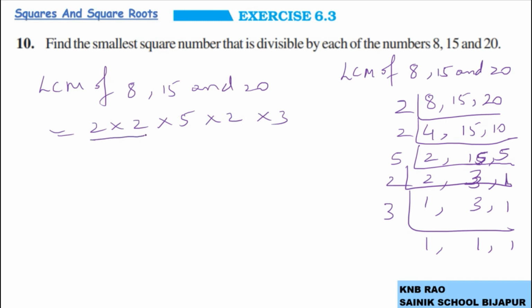So here there is only one pair of prime factor 2, no pair for 2, no pair for 3, no pair for 5. That means we need pairs for them. That means this number is to be multiplied.